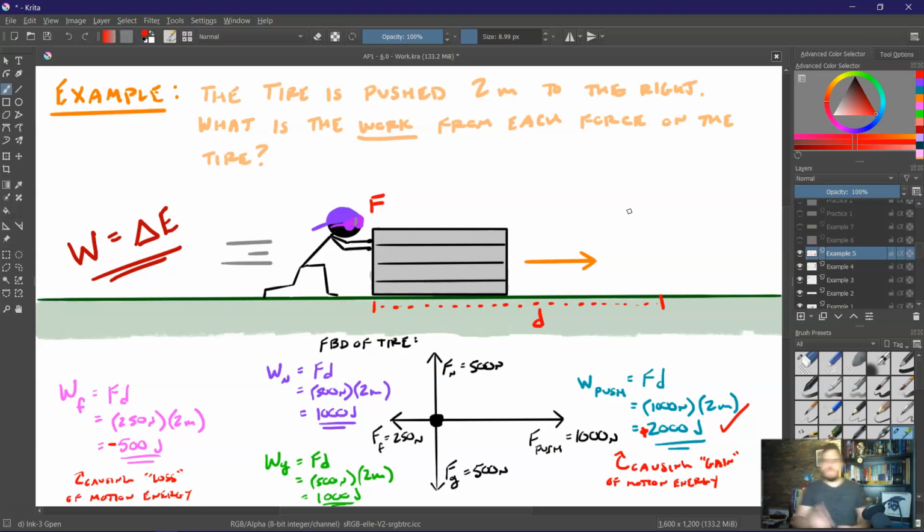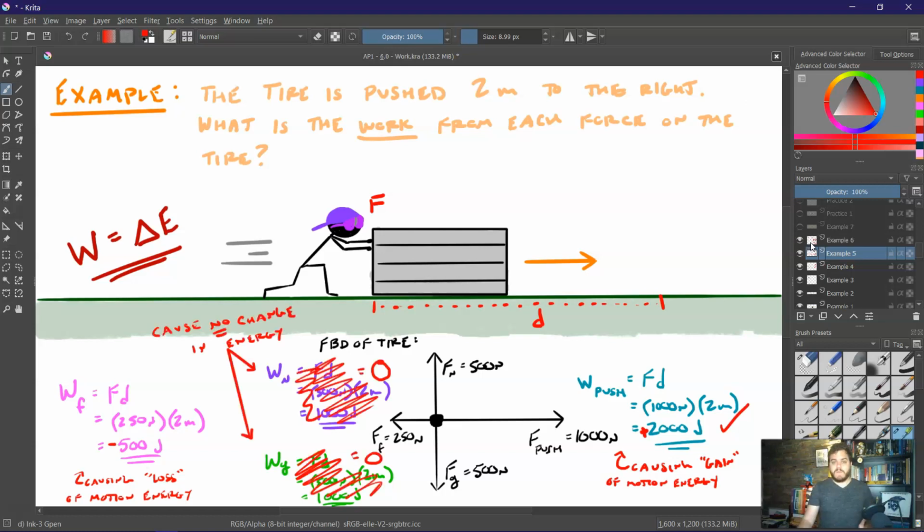And what about the normal force and the gravitational force? Yes, gravity is pulling it down and the normal force is pushing it up, but the object's moving to the right. Do either of these contribute to it gaining motion energy? In fact, if it wasn't even moving to the right, we would still have those forces. And so the work from the normal force and the work from gravitational force, those are actually just zero. And they're zero because they cause no change in energy.